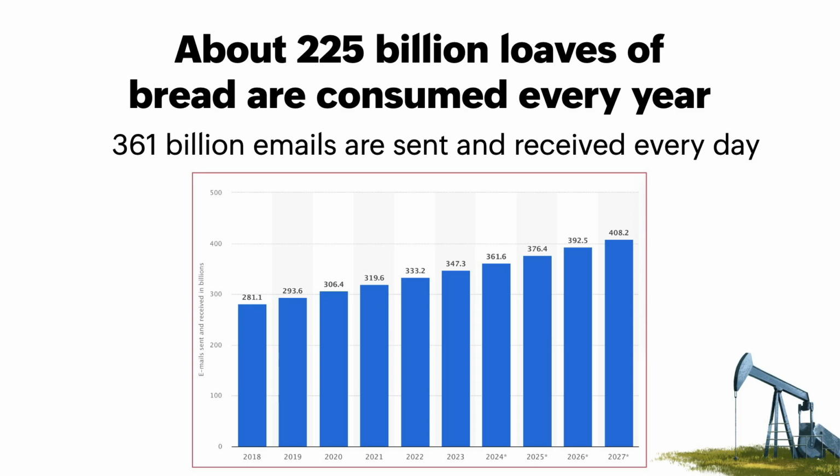Now if you see across the emails going out each day across different platforms, we have insights that on each day, billions of emails go out or are received by each individual. So in a day, billions of emails go out and come.